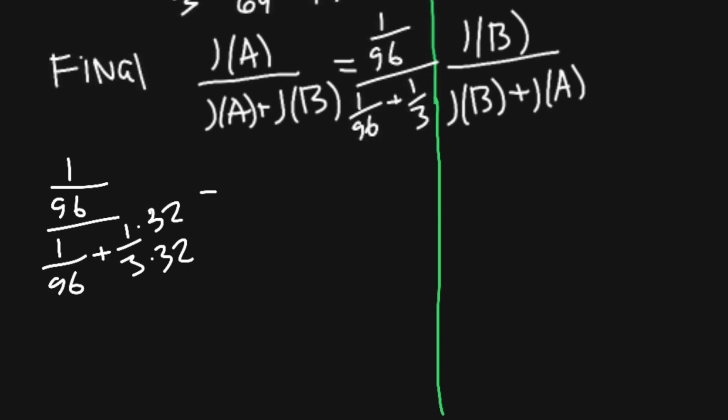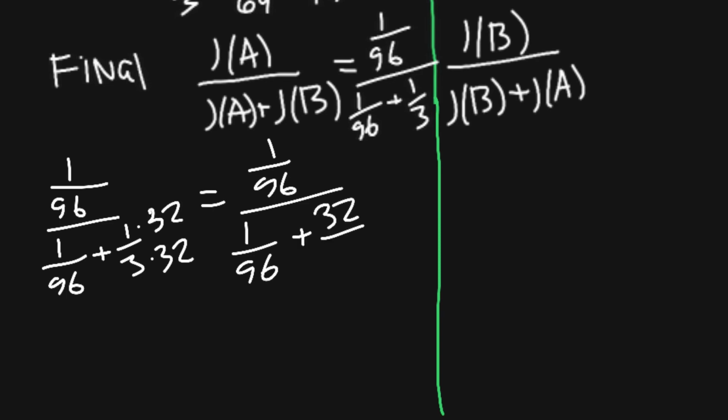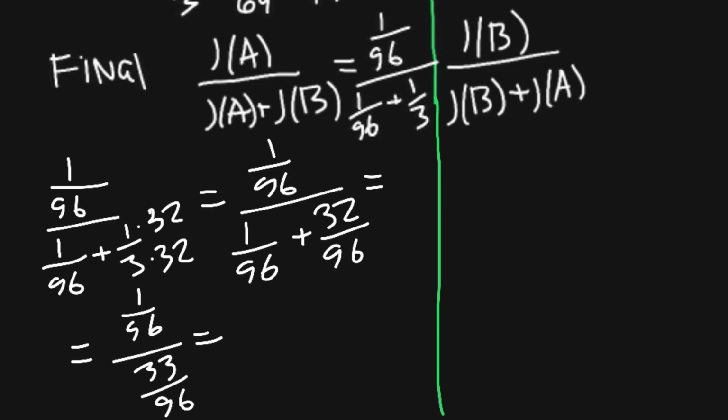So we are going to have 1 over 96 divided by 1 over 96 plus 32 divided by 96. So 1 over 96, and here we are going to have 33 over 96.